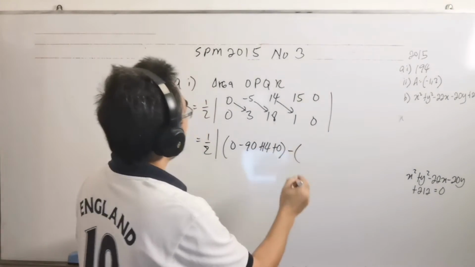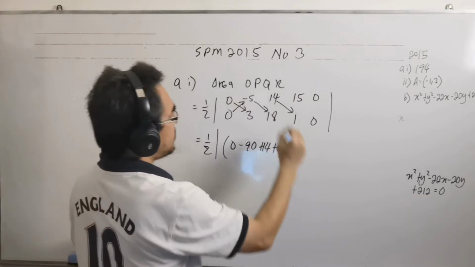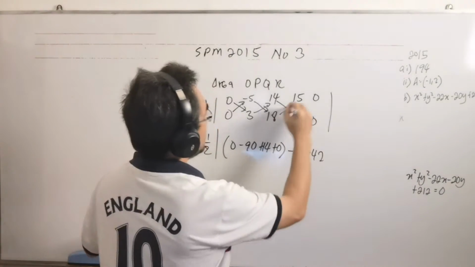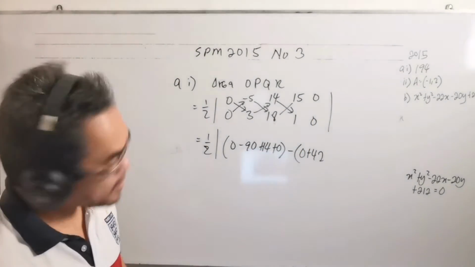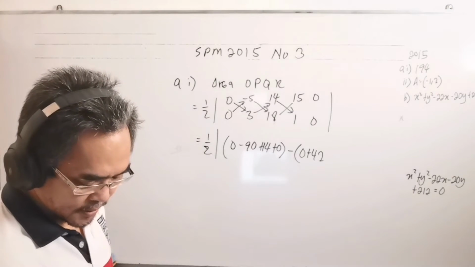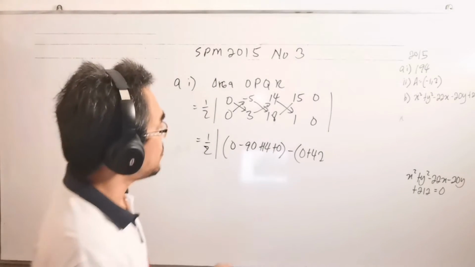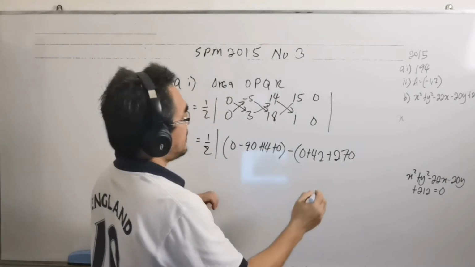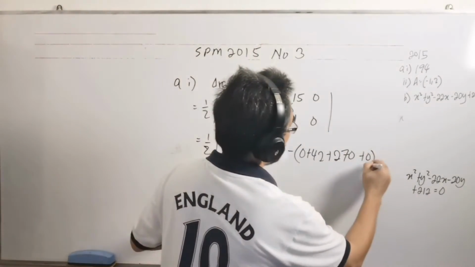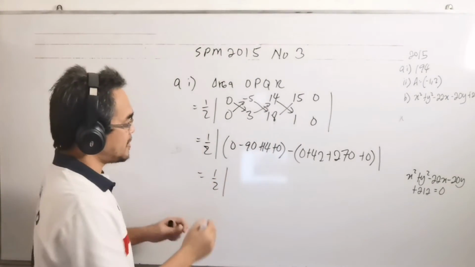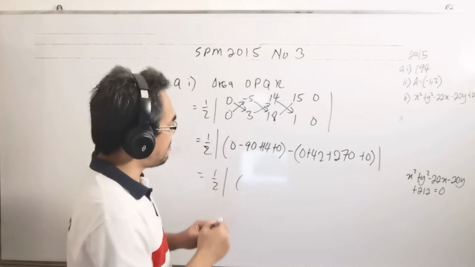Okay, minus, then you multiply here, you get 0, you get 42, and this one 18 times 15, which is 270, and then plus 0.